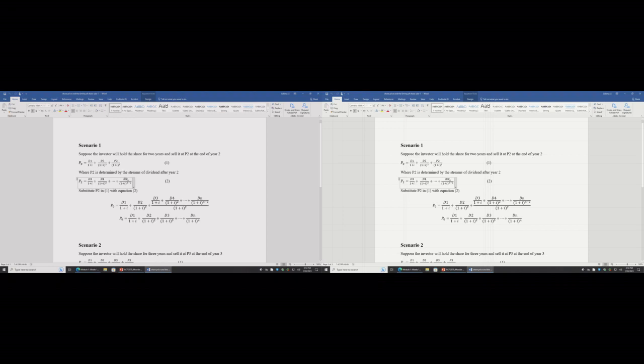Then you can plug this equation back into equation 1, and finally you get the general form for the equity price. It equals the present value of all the dividends in the future. Even though we don't have a capital gain in this expression, it actually incorporates that information, because the dividends determine the price at which you're going to sell the equity.